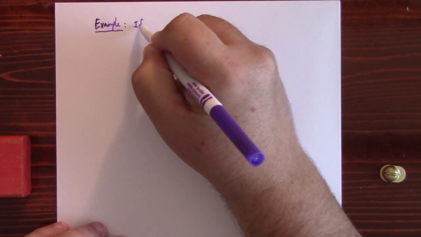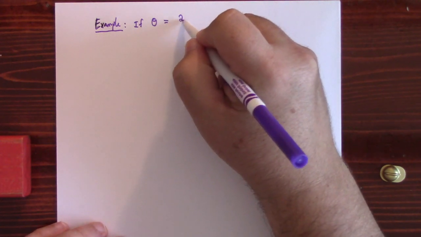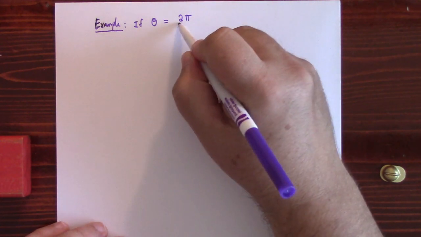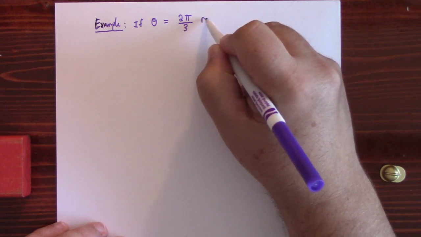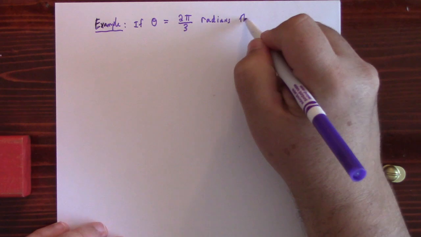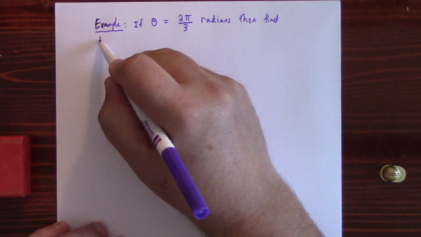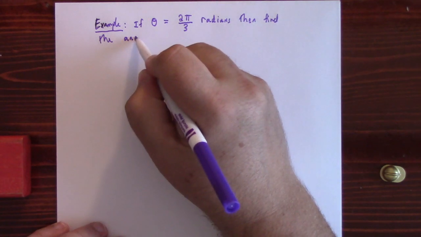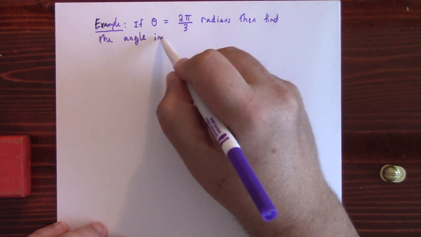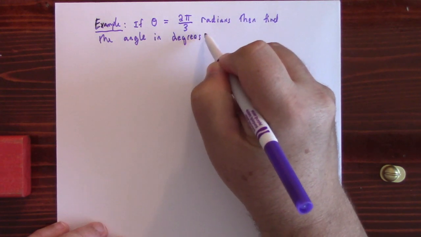If theta equals 2 pi over 3 radians, then find the angle in degrees.